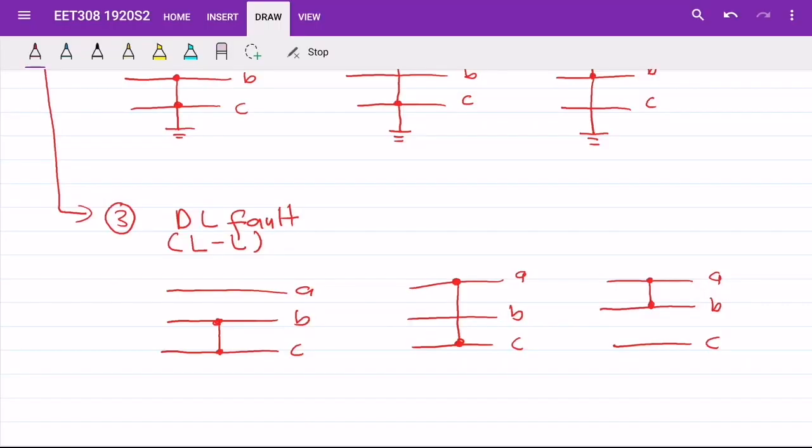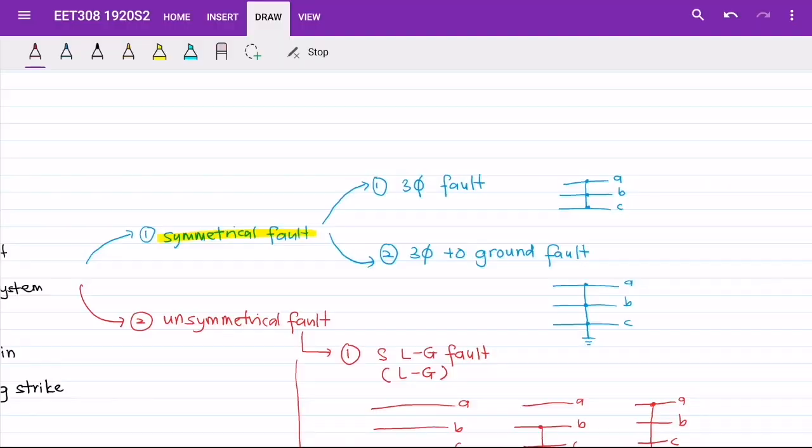So now we know what is the symmetrical fault connection and also unsymmetrical fault connection. Now we want to discuss the difference between symmetrical faults and unsymmetrical faults. From the fault connection, we can conclude that for symmetrical fault, all phases are shorted to each other or to ground.